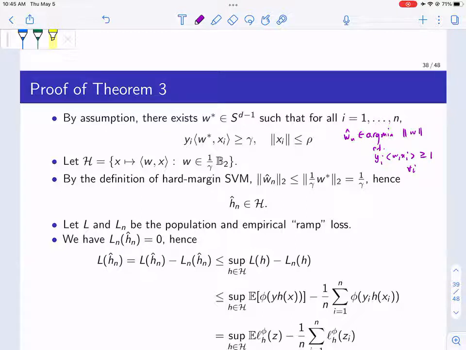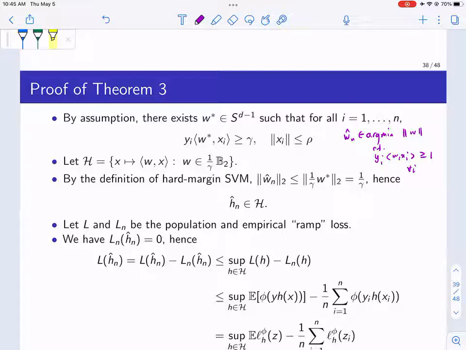Yes, so this is the population version. If you imagine dividing both sides of this by gamma, you get yi W star over gamma xi bigger than or equal to 1.